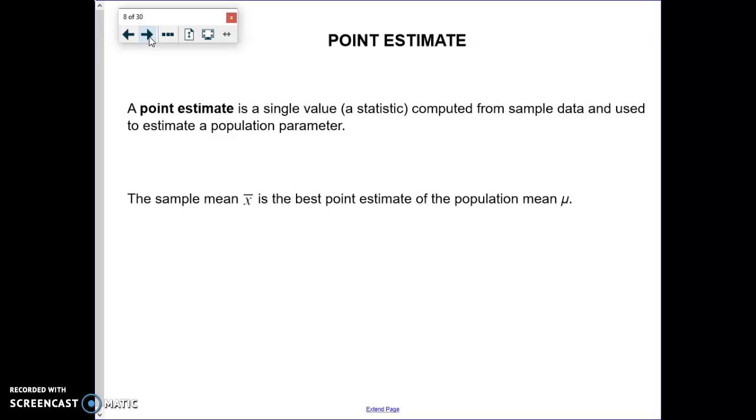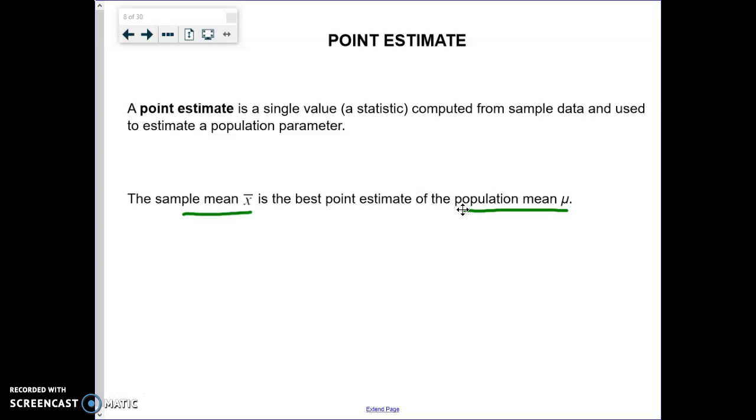Now, as we said before, a confidence interval starts with a point estimate. That again is the value you get from taking a sample that is used to estimate the population parameter. In other words, if we're trying to estimate a population mean mu, then the best point estimate would be the sample mean we get from a sample, x bar, okay?